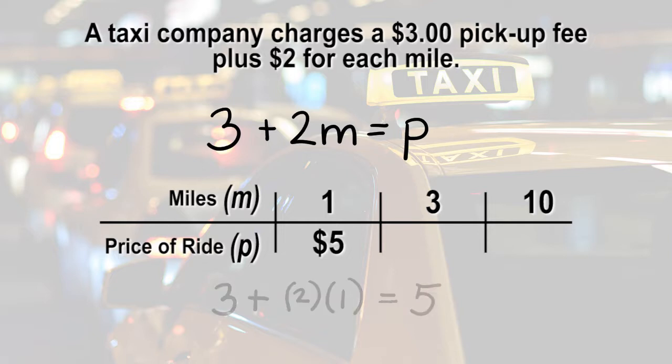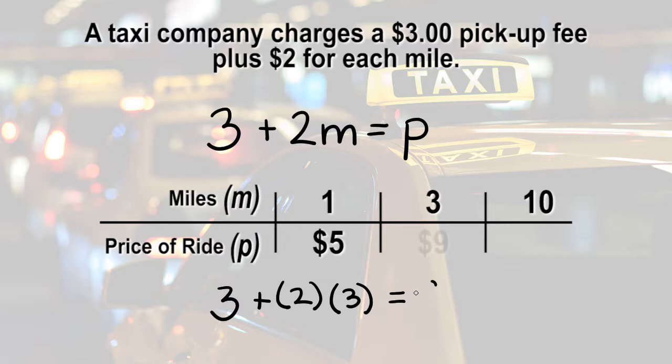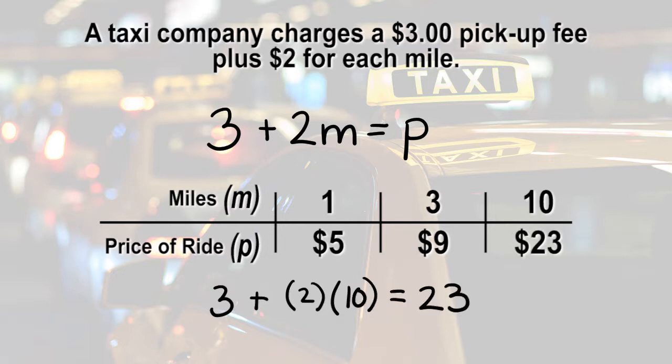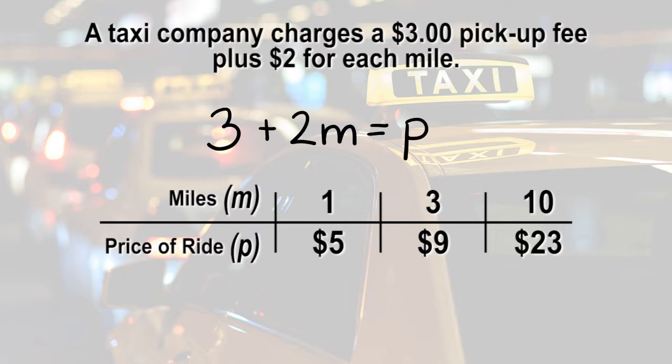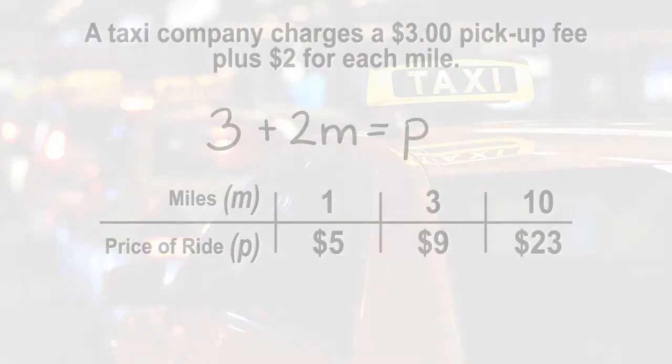A 3-mile ride would be 3 plus the product of 2 and 3, which would be $9. And a 10-mile ride would be 3 plus the product of 2 and 10, which would be $23. The table shows the relationship between the number of miles and the total cost of the taxi ride.